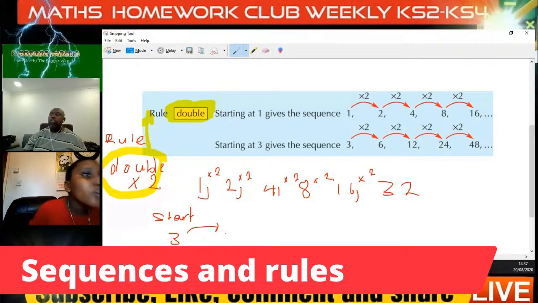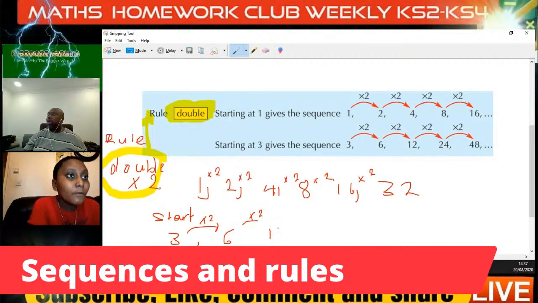Double. So if I double 3, what do I get? 6. Double 6. 12. Double 12. 24. Double 24.